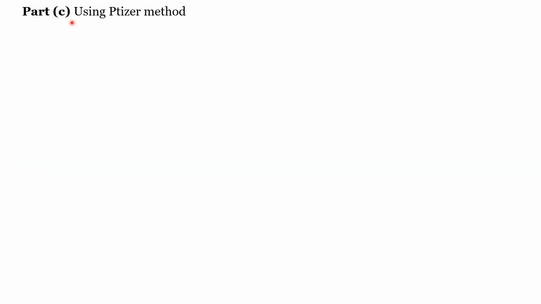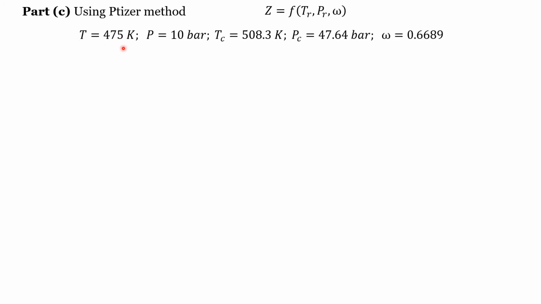In part C, estimate the molar volume using Pitzer method. So in Pitzer method, compressibility factor is expressed as a function of reduced temperature, reduced pressure, and eccentric factor. So these values are given in the problem.